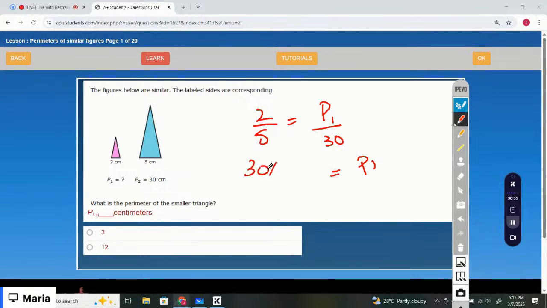So P1 equals 30 times 2 over 5. So which is the correct option? That is 12. Option number 2 is the correct option.